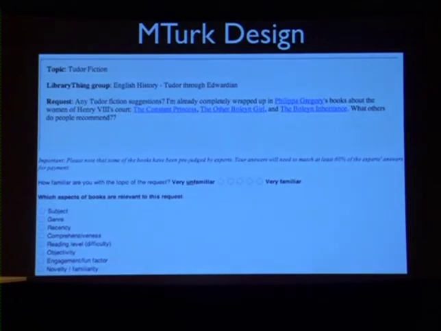Based on literature on why people borrow books, we got a lot of aspects, so subject, genre, recency, etc. So on the topic we ask what aspects are relevant to this book. Also, again, you get 10 requests. We ask again which of the aspects are satisfied.